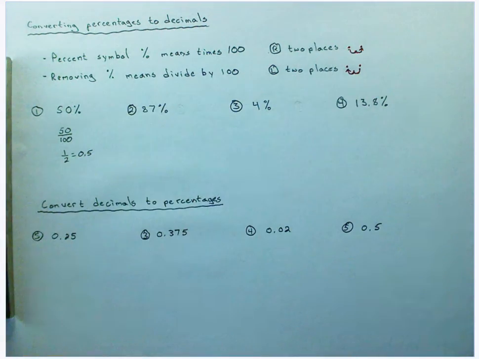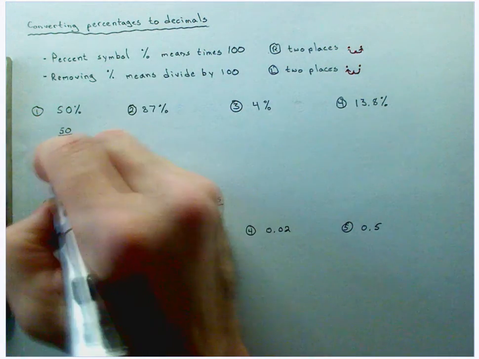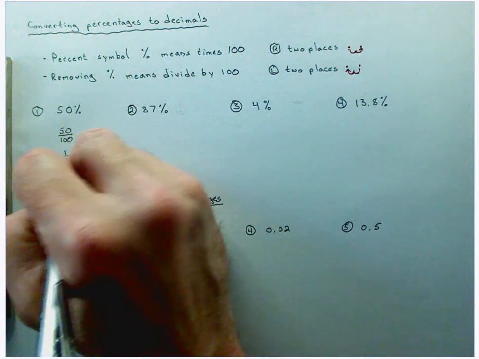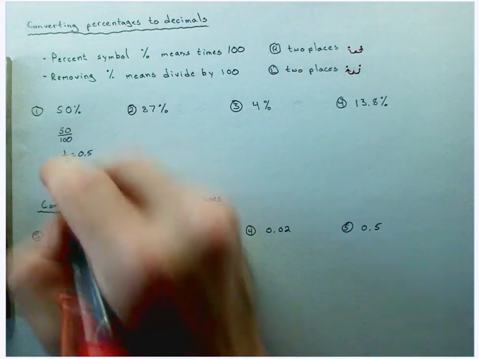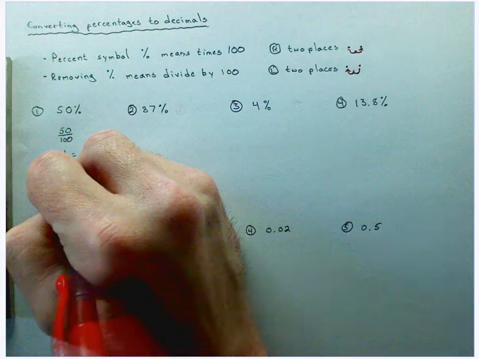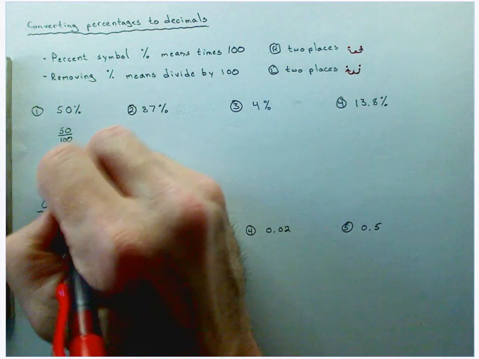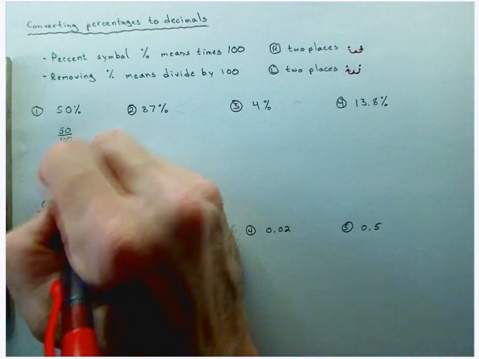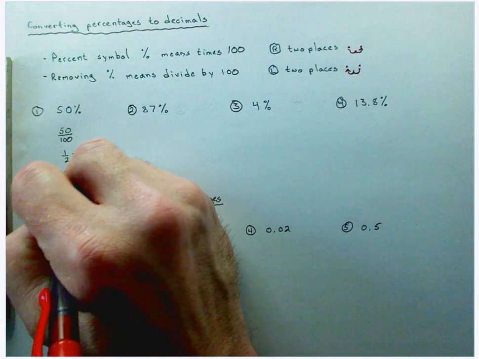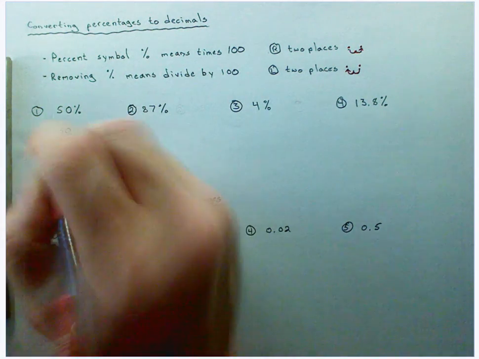Well, let's look at just moving the decimal point. If I move the decimal point, and I'll rewrite this right here, again, I'm viewing this as a number 50. So the decimal point is initially there. If I move it two places to the left, because I'm removing the percent symbol, 1, 2, I end up with 0.5.